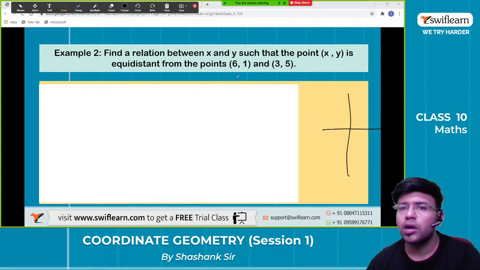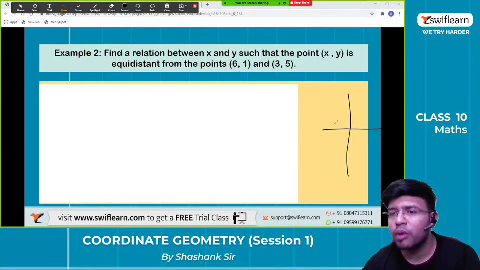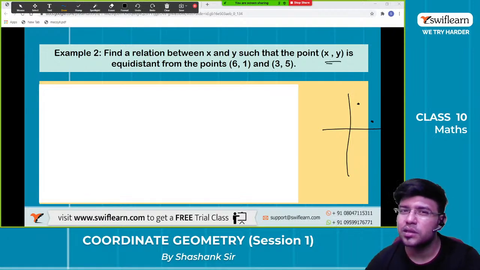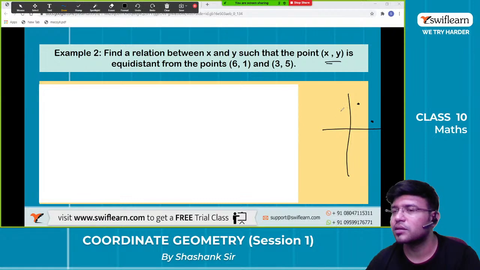Okay, equidistant from point 6 comma 1. Where is 6 comma 1? Somewhere here. Okay, where is 3 comma 5? 3 comma 5. Now there are 2 points. We need to find a relation between x and y such that the point x comma y is equidistant from this point and this.